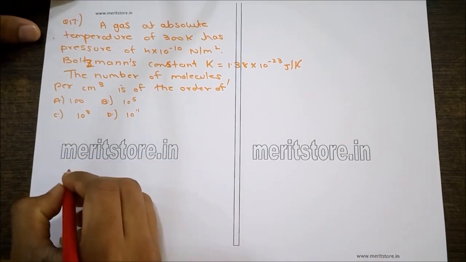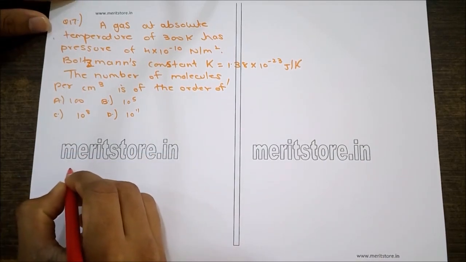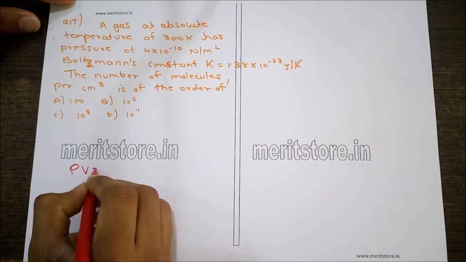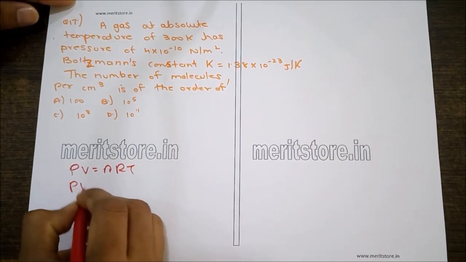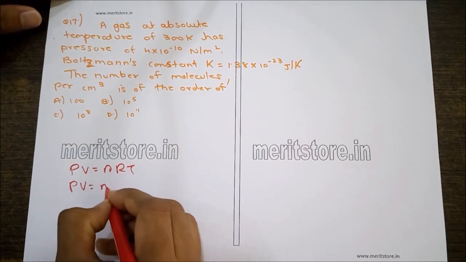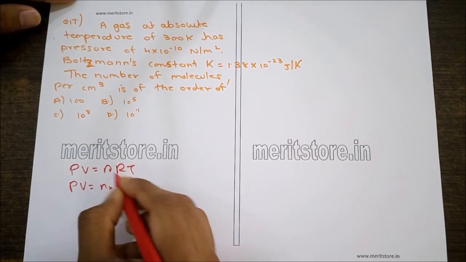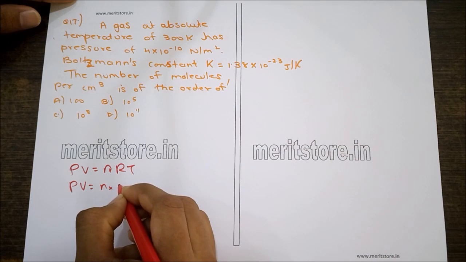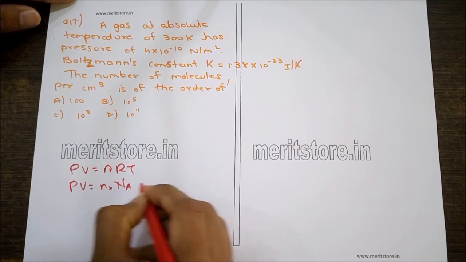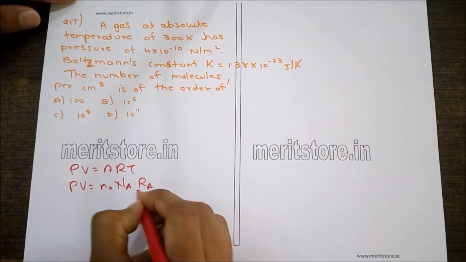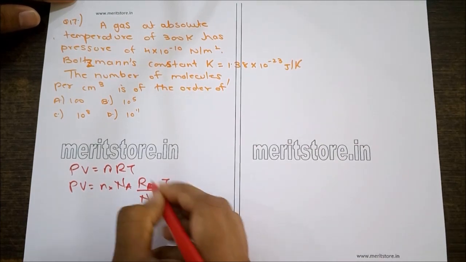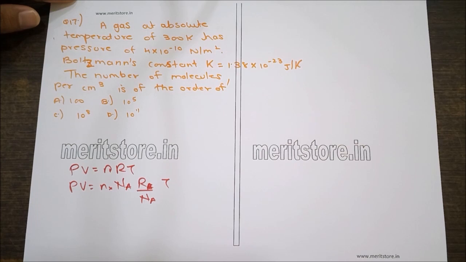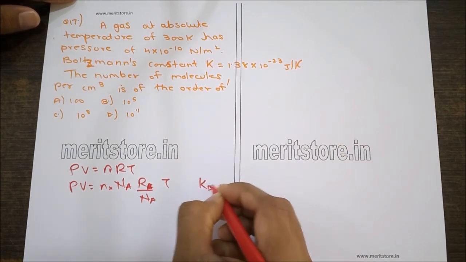Now let's look at the ideal gas law. PV equals nRT. Instead of n, we can multiply and divide by Avogadro's number, so R upon Na times T. Now R upon Na is nothing but Boltzmann's constant, Kb.